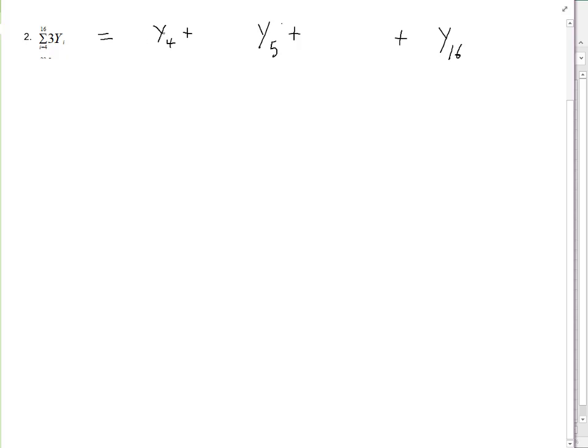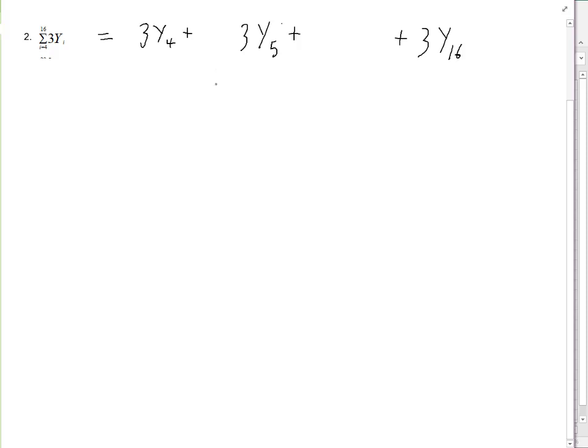But that would just be summing yi from 4 to 16, but also multiplying each one by 3. So it's 3 times y4 plus 3 times y5 plus 3 times y6 up to 3 times y16.